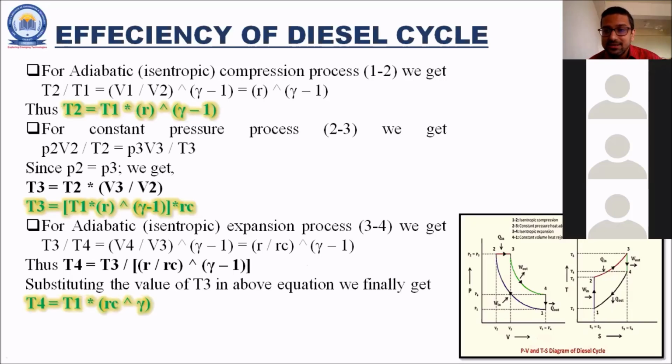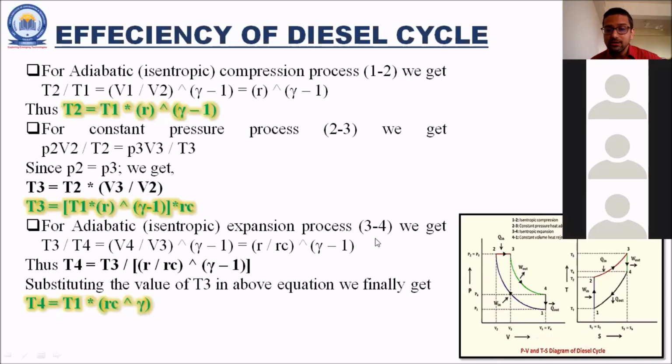All the students, are you getting this answer of T4? Just you need to substitute the values, rearranging the terms, cancelling the common terms, the term which will be left, that is T1 rc raised to gamma. Or in your textbook, T4 is equal to T1 rho raised to gamma.